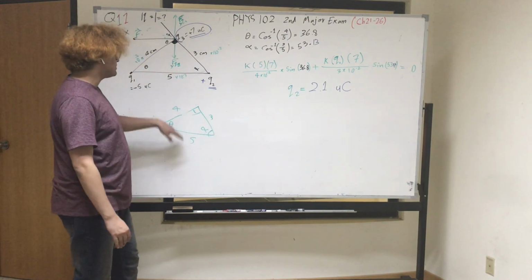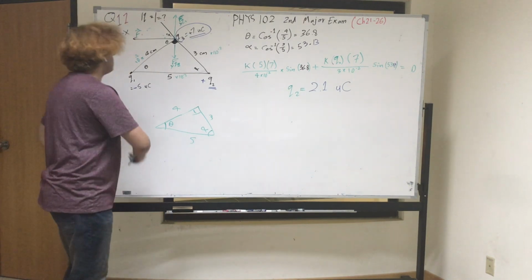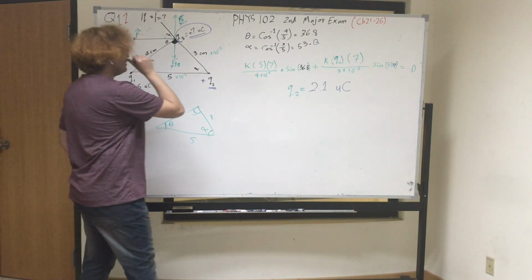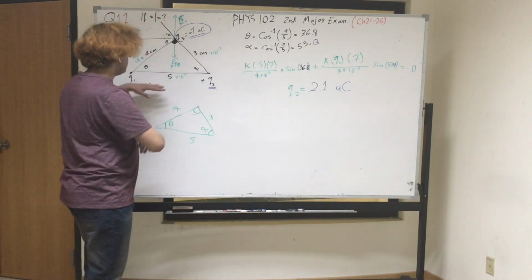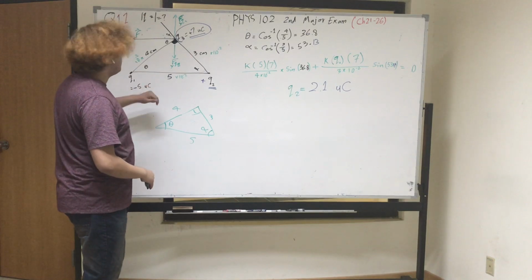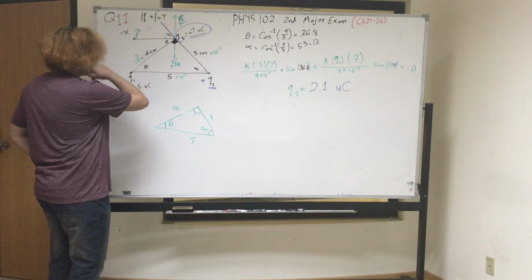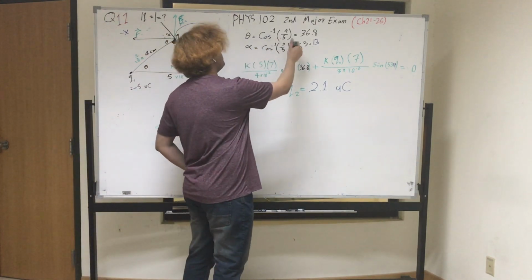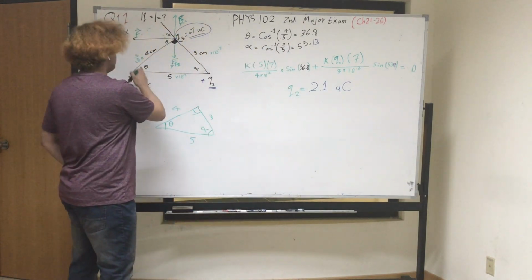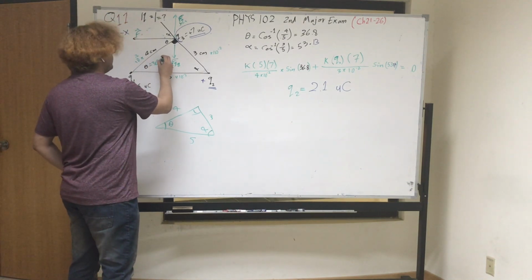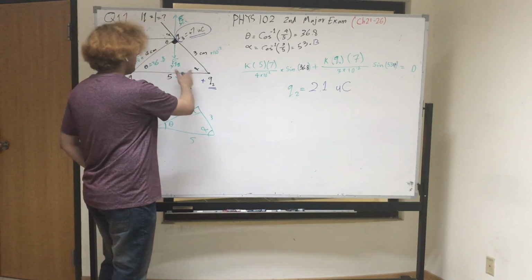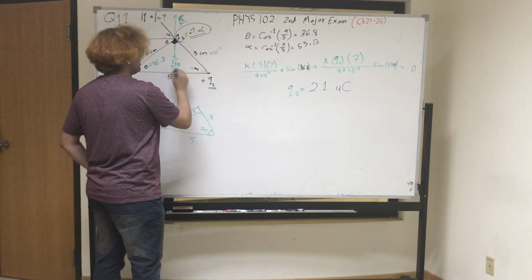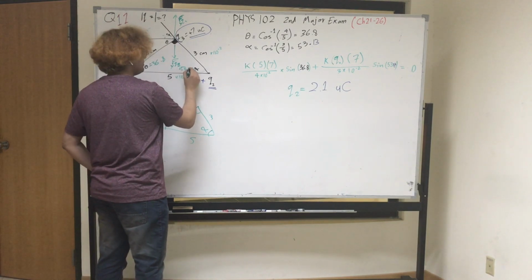If you want to figure out this angle, let's call it theta, the value of theta will be sine inverse of the opposite, which is 4, over the hypotenuse of the triangle, which is 5. Sine inverse of 4 over 5 is 36.8, and that is the value of theta. And alpha is sine inverse of 3 over 5, which is equal to 53.13.